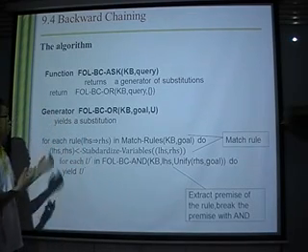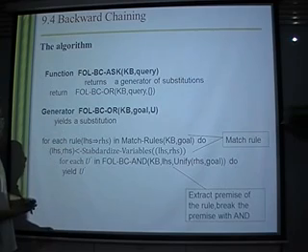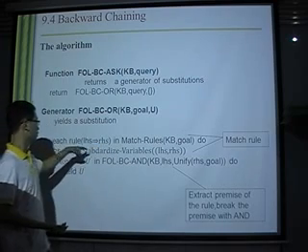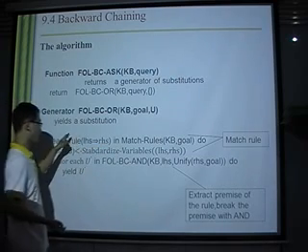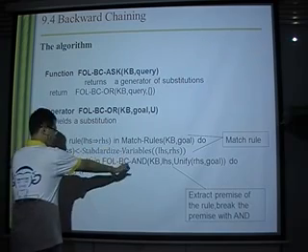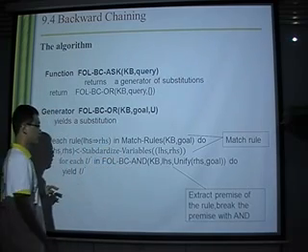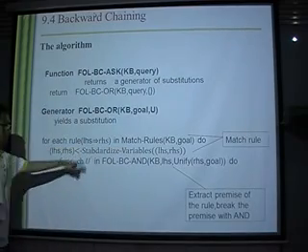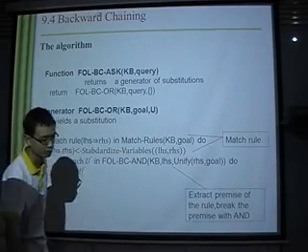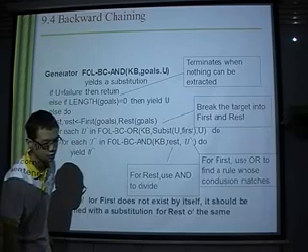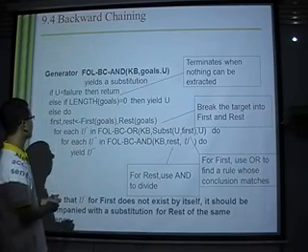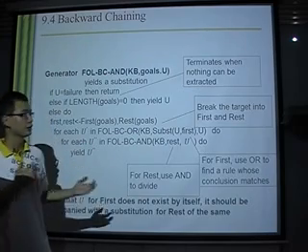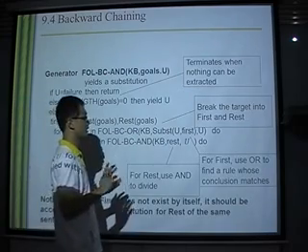This is the code for the algorithm. For the OR procedure, we match a rule by first standardizing the variables and passing the premise to the AND procedure to separate the premises. And for the AND procedure, the procedure terminates when nothing can be extracted.